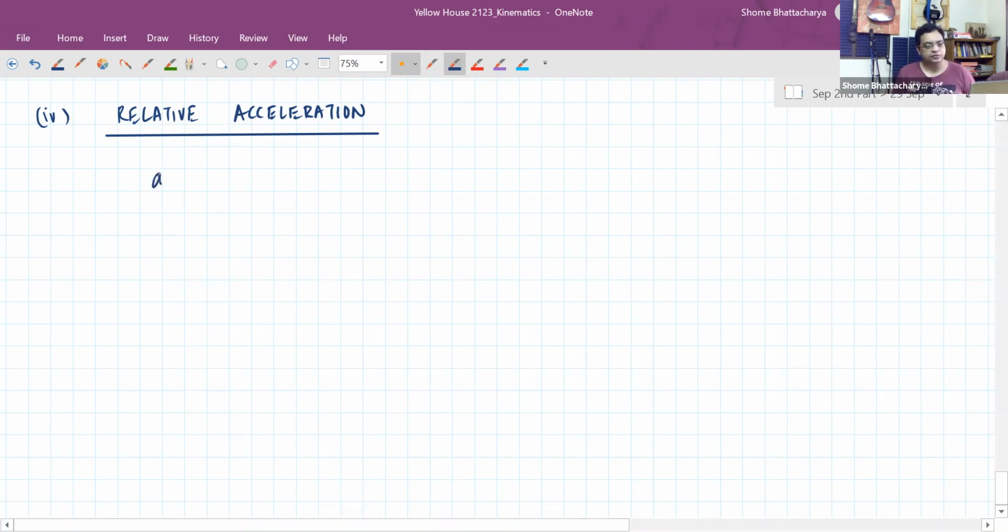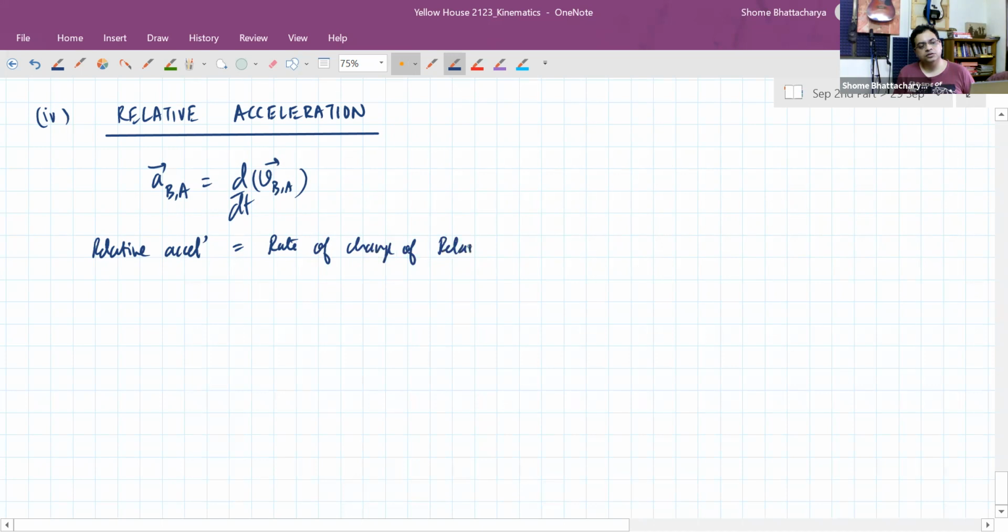So the acceleration of a moving object B with respect to another moving object A, as per the definition of acceleration, is the instantaneous rate of change of relative velocity. Basically, relative acceleration equals the rate of change of relative velocity.